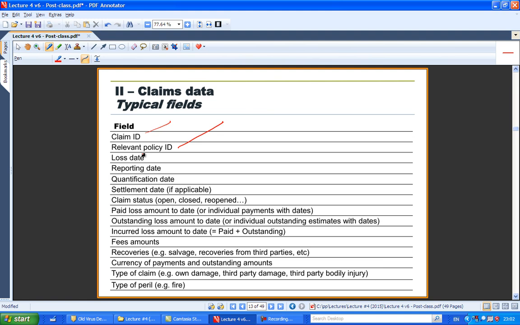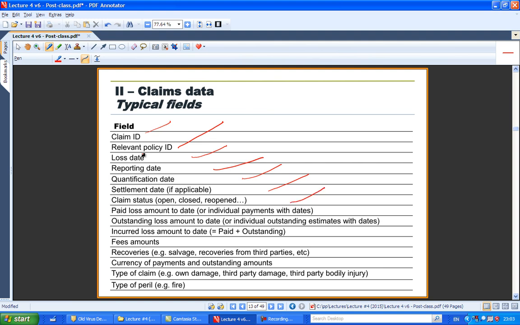And each claim will have a loss date, the date when the loss has happened, the date when it's been reported, the date when a loss amount has been put on the system, and maybe a date when the claim has been settled.